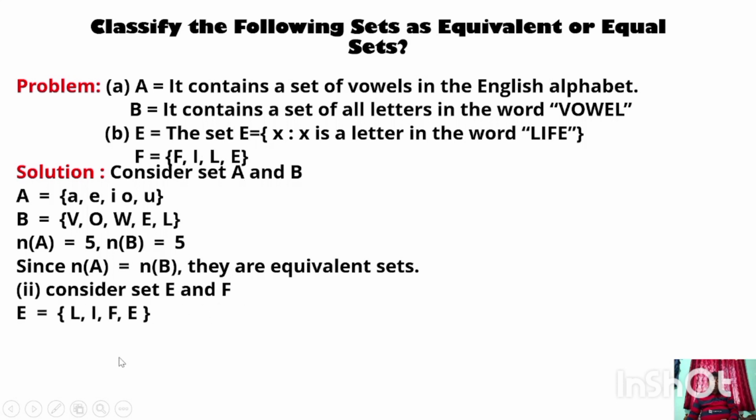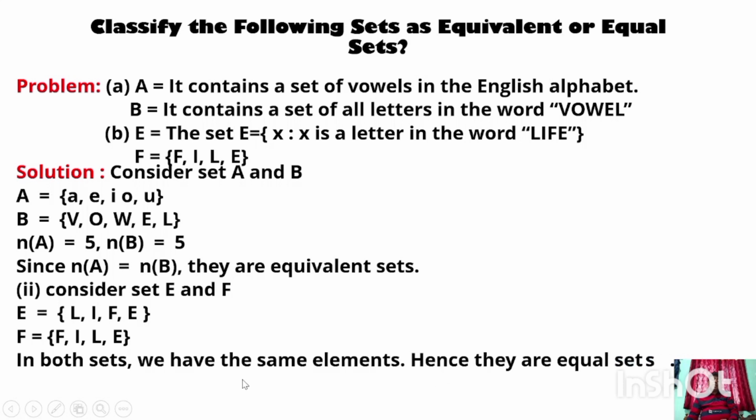But in this set you see, the word life: L, I, F, E. Another set: F, I, L, E. Do you see here? In both the sets we have the same elements, hence they are equal sets. Yes or no? Right?